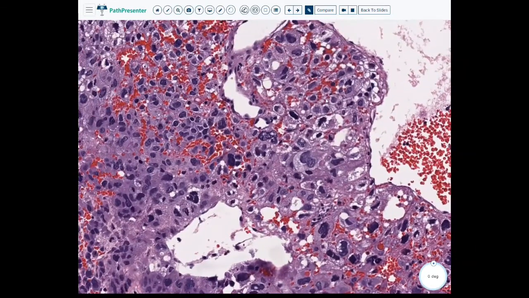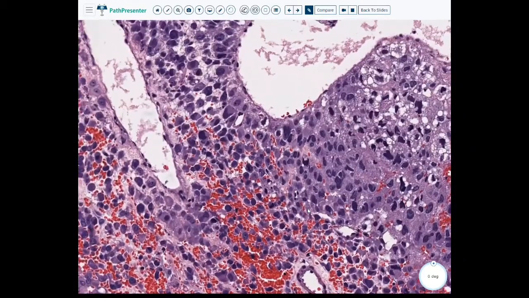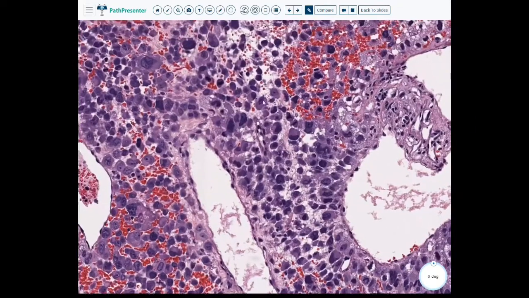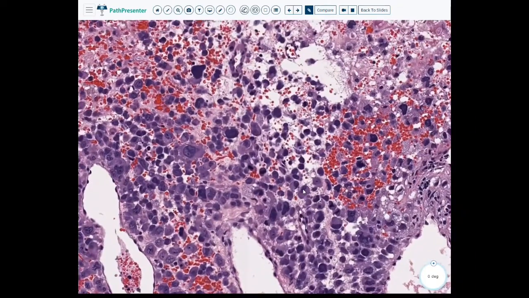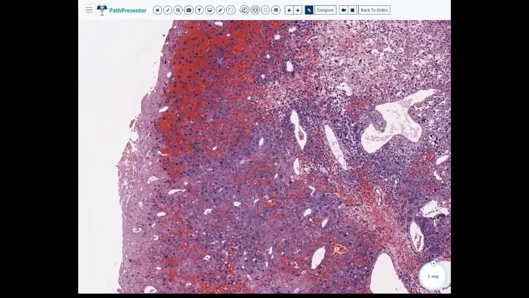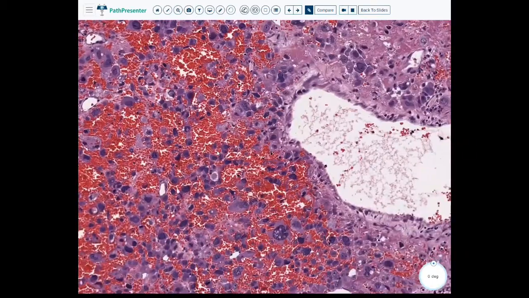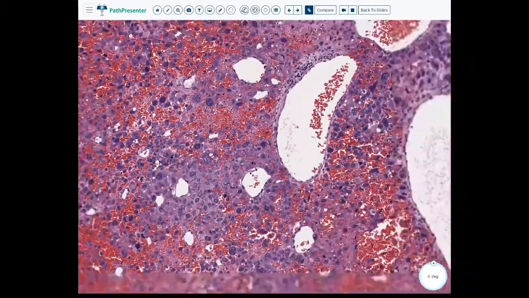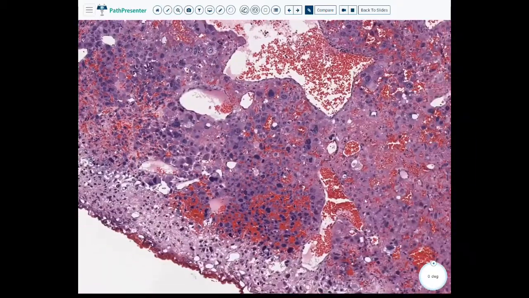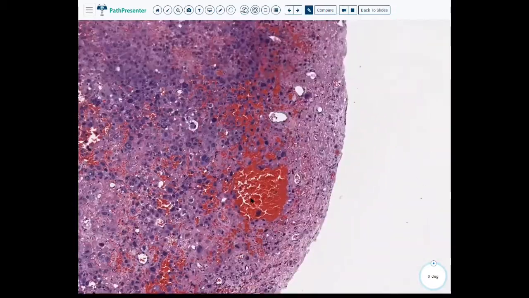But I don't think we can make an argument at all that this is not high grade. But all this rhabdoid type change, this is like sarcomatoid type changes. So I'm wondering if everything's going to look more rhabdoid, or if we're going to encounter areas that maybe are a little more spindled. But sarcomatoid type change is not a good sign. And this looks like it's most of it.